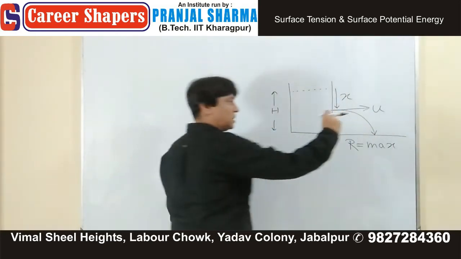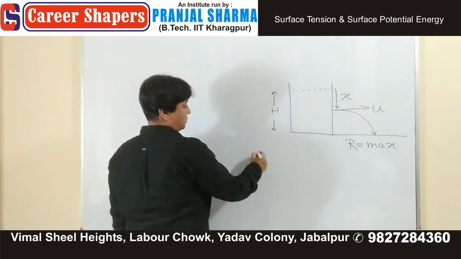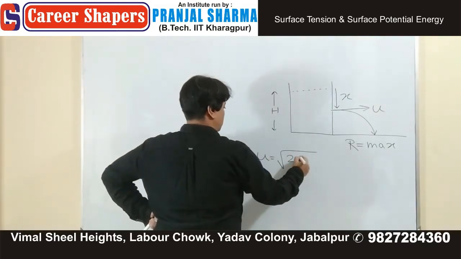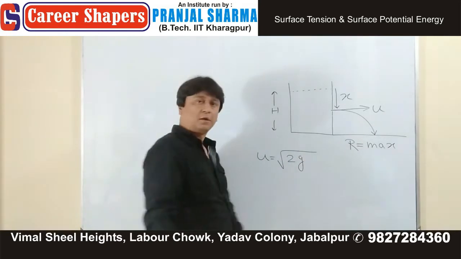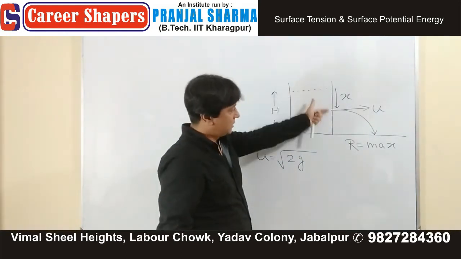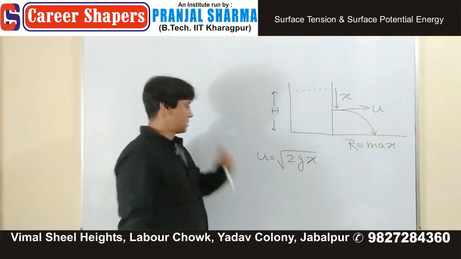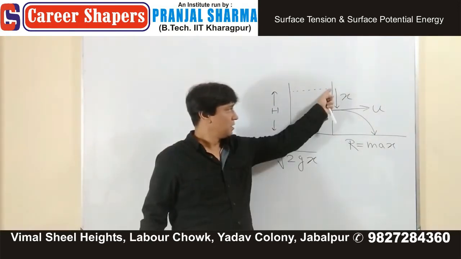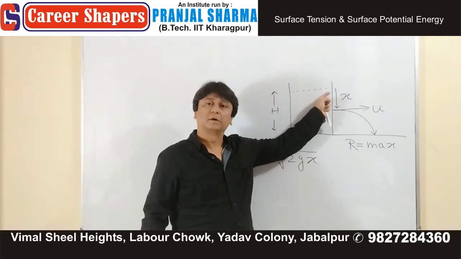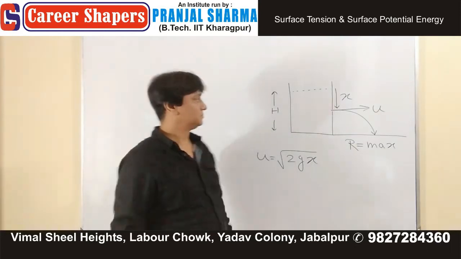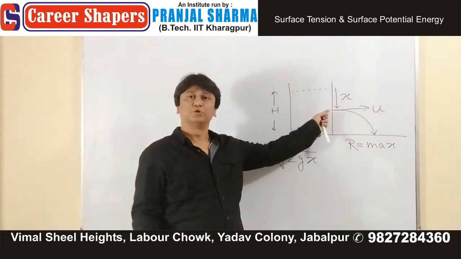As water comes out, you know that u is root over 2gx, the free falling distance x up to the position of the hole.